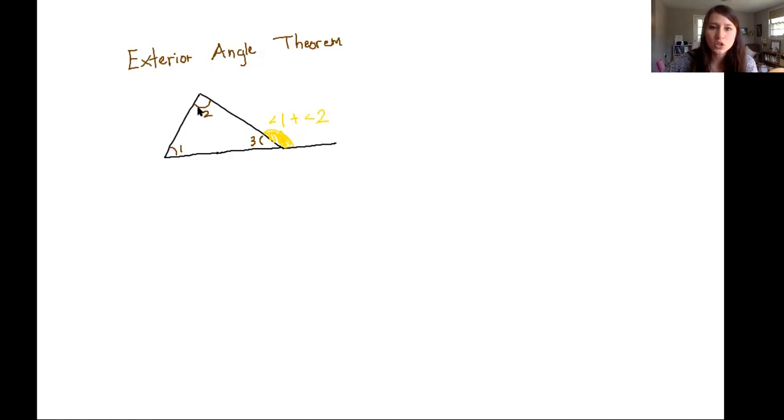We know that angles 1, 2, and 3 added up has to be 180. So if angle 3 is right here, the remaining parts would be angle 1 and angle 2, and that would add up to 180 degrees all around. So I think after seeing the visual from the last video, this will make more sense.